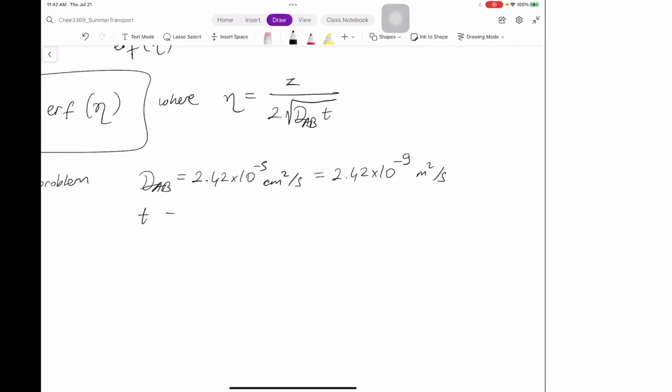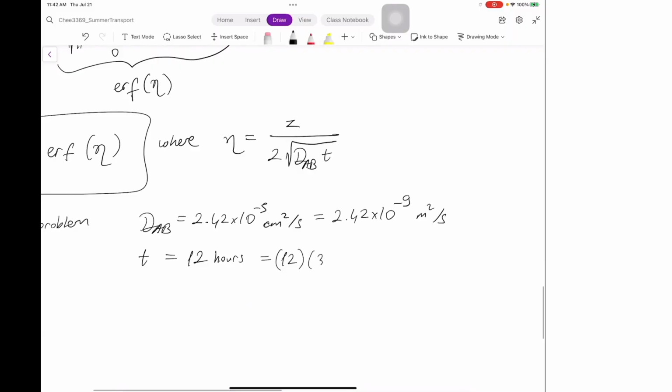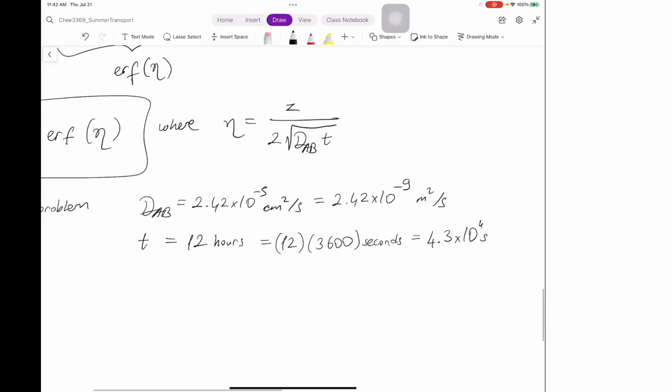And time is after 12 hours, right? 12 hours in SI units is 12 times 3,600 seconds, which is 4.3 times 10 to 4 seconds.